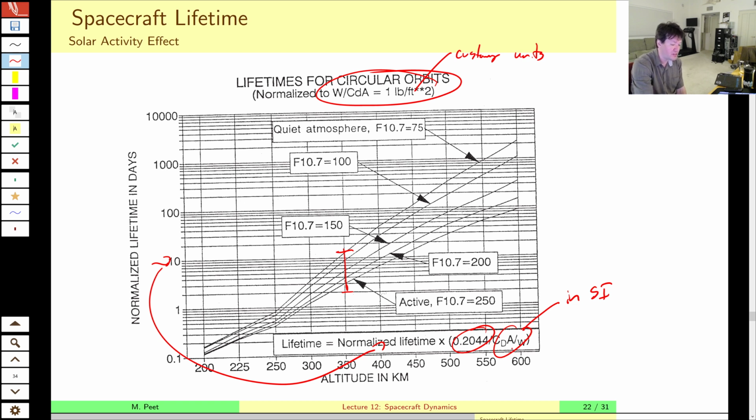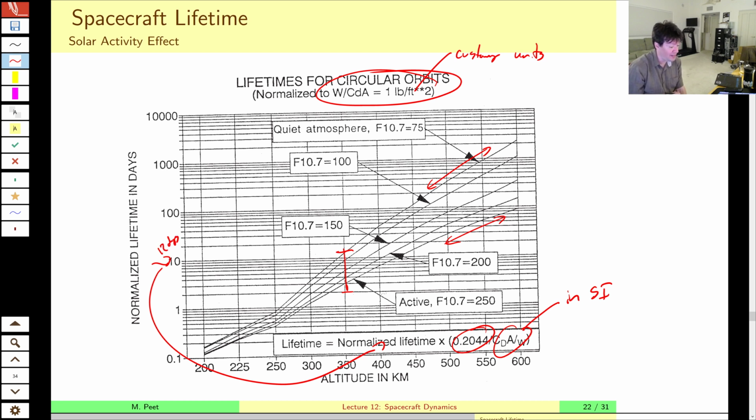So we see various lifetimes here. This is for a quiet sun. This is for an active sun. And here, let's focus on the 350 line. We see that in a quiet sun, a normal sort of small-sized satellite, medium-sized satellite will last 10 days, maybe 11 days, 12 days.